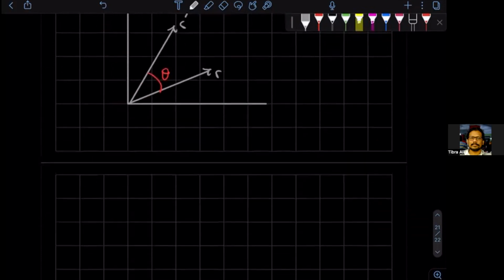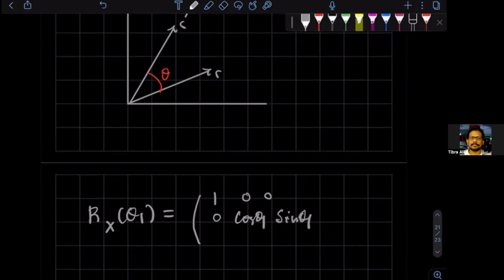Okay, so that was the form of Rz, but then we can write similarly our rotation around the x-axis. The rotations around the x-axis will have this form. The minus sign here or there doesn't matter, because sine is an odd function, and the fact that it's an odd function means that if you take theta to minus theta, you get the inverse element.